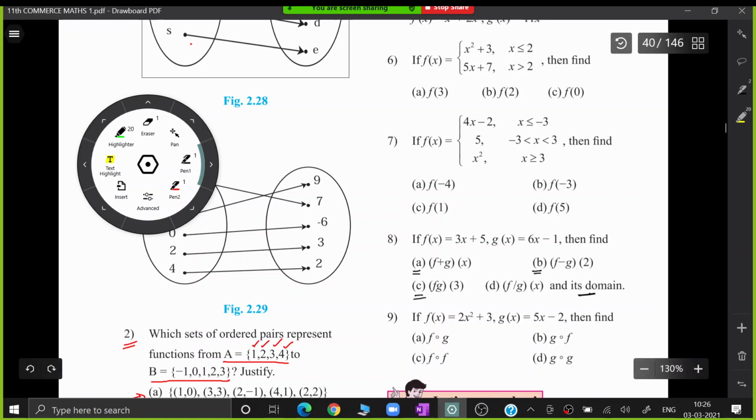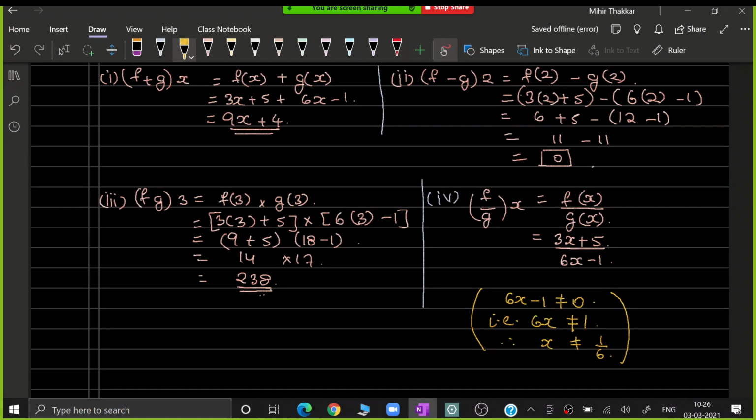So we have to tell him that the value of x cannot be 1 upon 6. When they are asking us domain, it means that they are asking us the possible values of x. So what are the possible values of x? When we said that x is not equal to 1 upon 6, any value other than 1 upon 6 can be assumed to be the value of x.